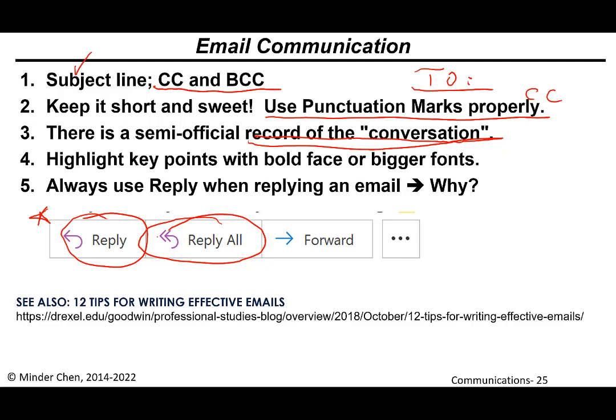That's where you need to be a little bit cautious in terms of either reply or reply all. I remember many years ago, I was working with somebody from Microsoft, and after communicating with her a few times, it dawned on me that she always used reply.